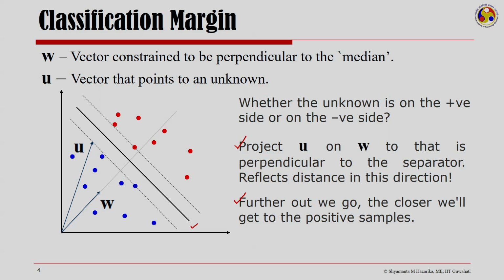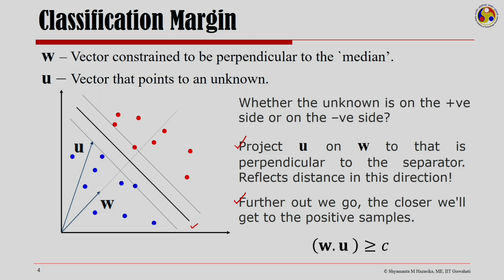So, even if we do not have a clear idea of whether u refers to a positive or a negative sample, taking the projection of u on W and having some idea of that distance in the direction of W, we will at least have some notion of whether it is closer to the positives or closer to the negatives.